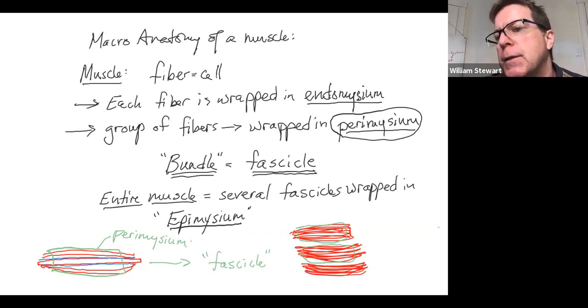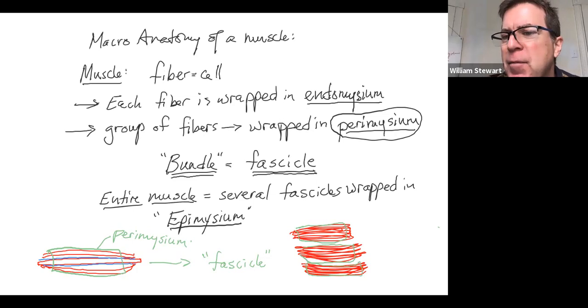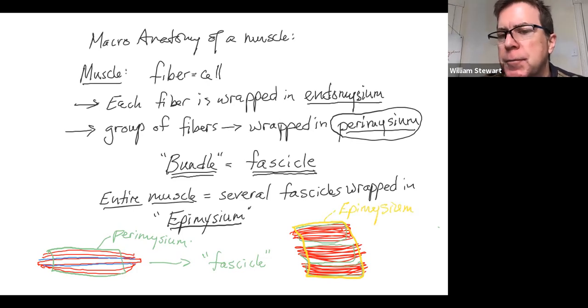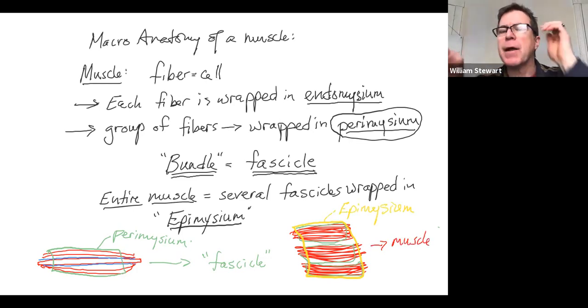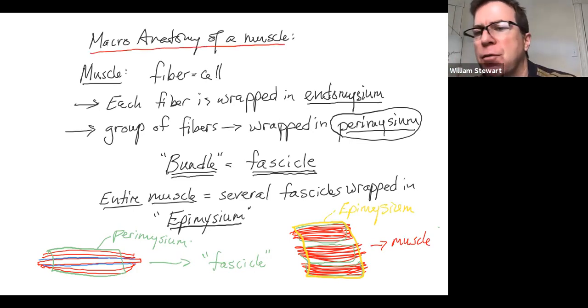Wrap it in perimysium. And if I take all three of those fascicles and bundle them together into one huge structure, and I wrap it in epimysium, what I've done is created an entire muscle, an entire skeletal muscle.